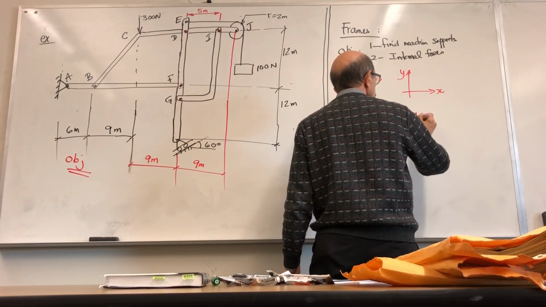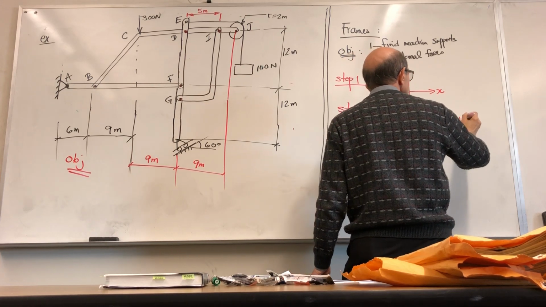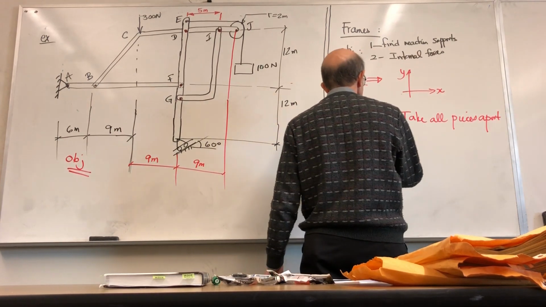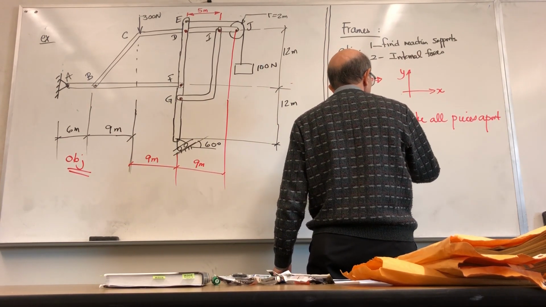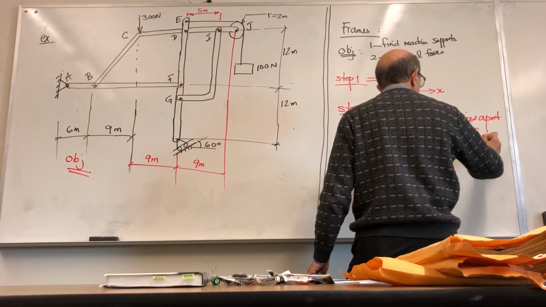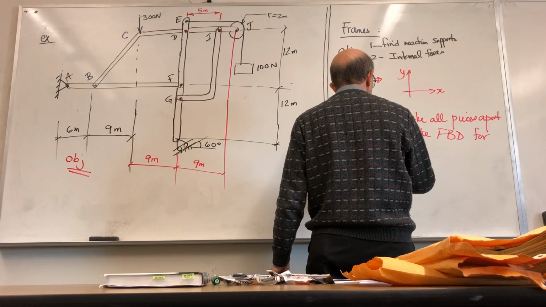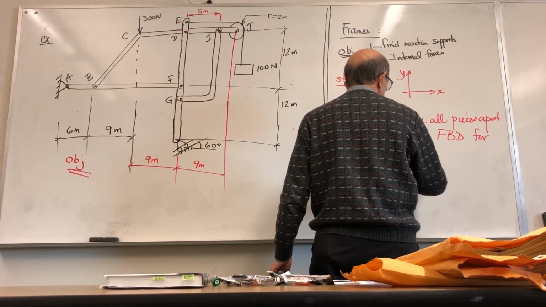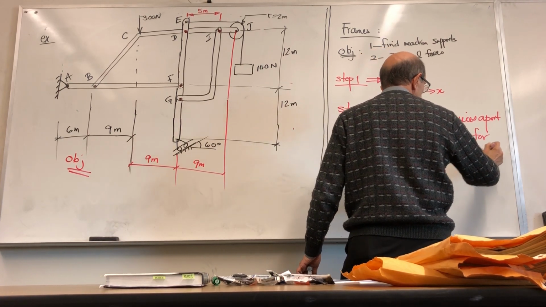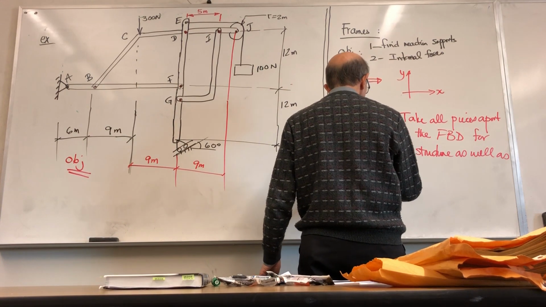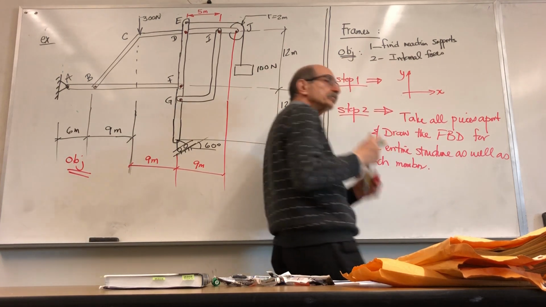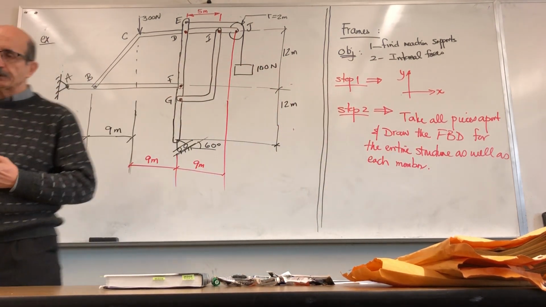You take all pieces apart and draw the free body diagram for the entire structure as well as each member. I call that a member, any piece of the structure, okay?